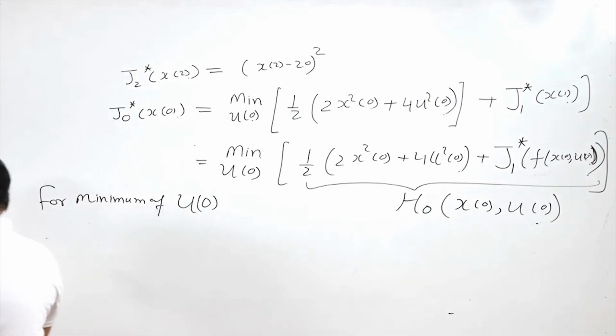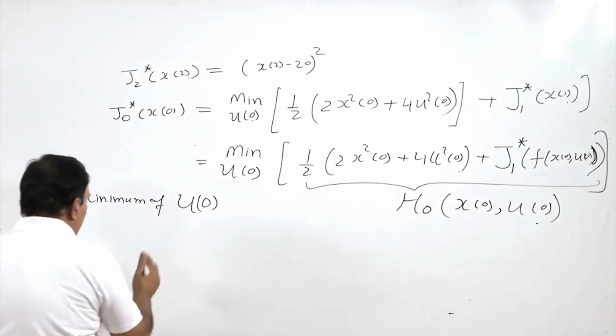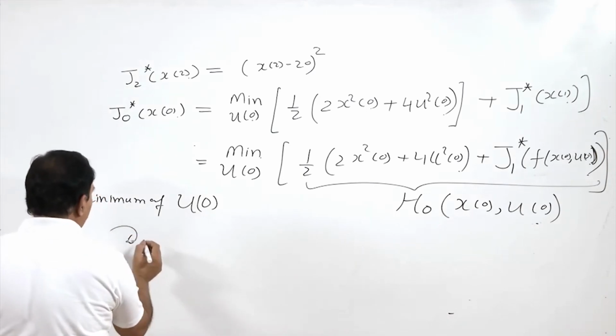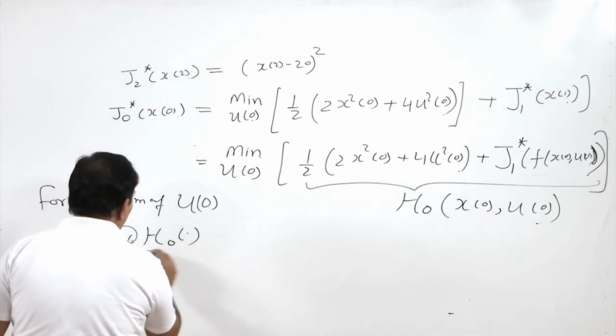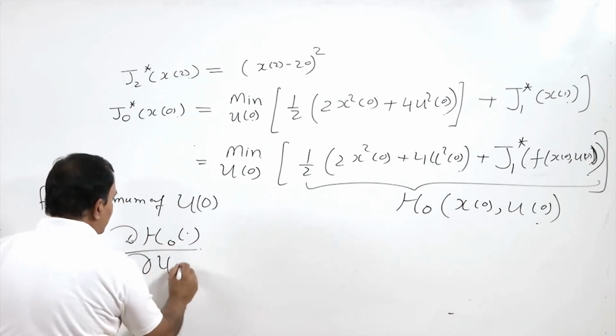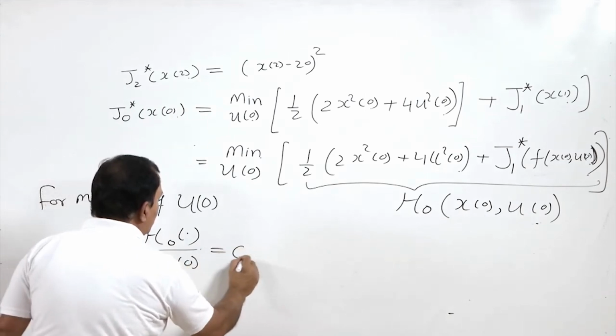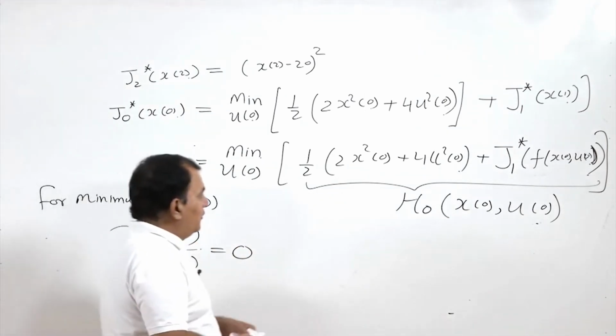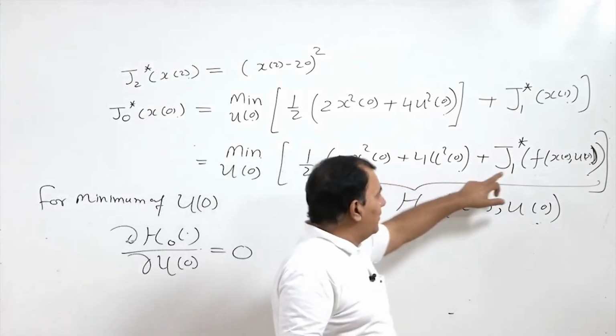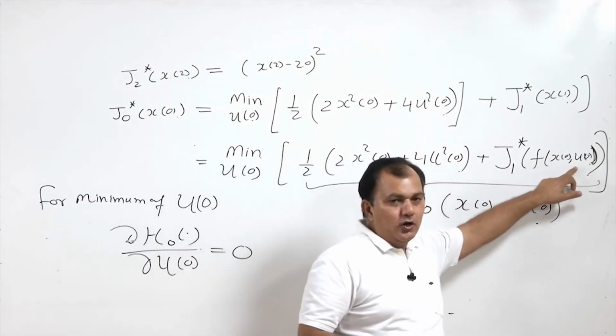We can write this as del h0 by del u0 equal to 0. So, what is f of x0 and u0?